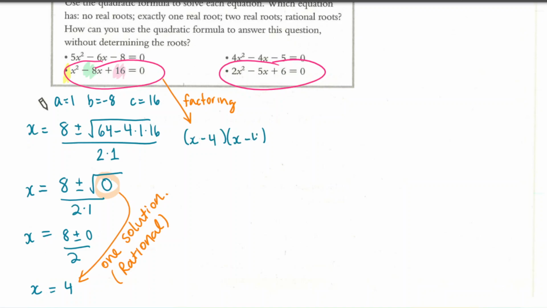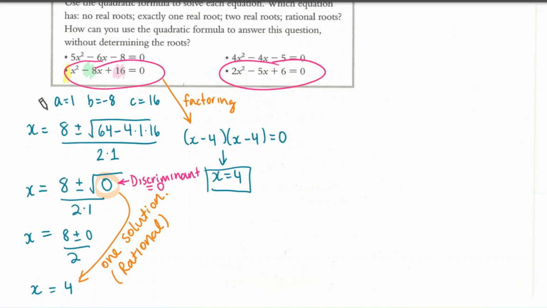And we see here that both factors are the same, which makes sense as to why we had only one solution before. Okay, so just in summary here, when the discriminant, which is this part here under the square root, is equal to 0, then we only get one solution, and that solution happens to be a rational number because we're not going to have any square roots in our final answer, and we could have solved by factoring.